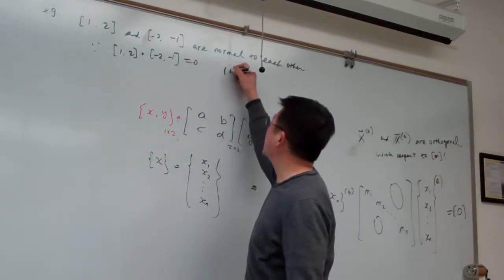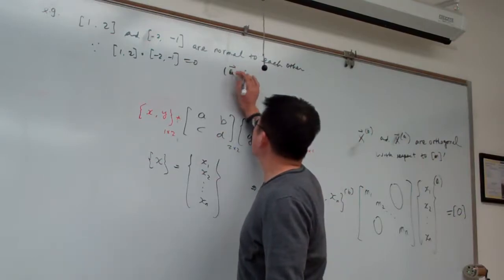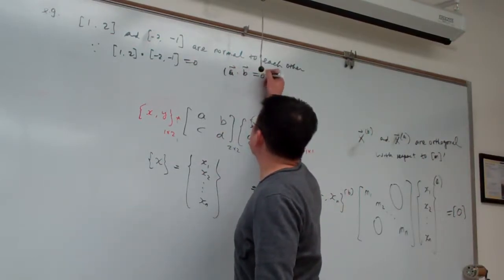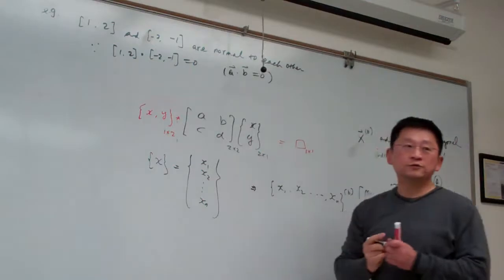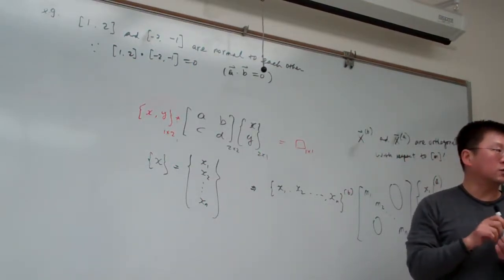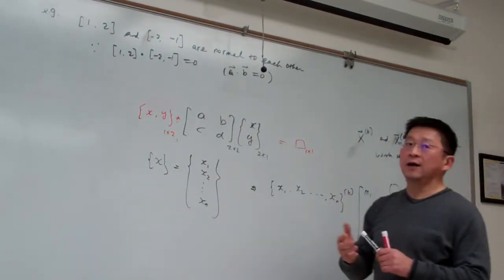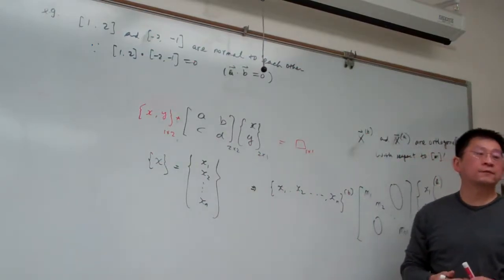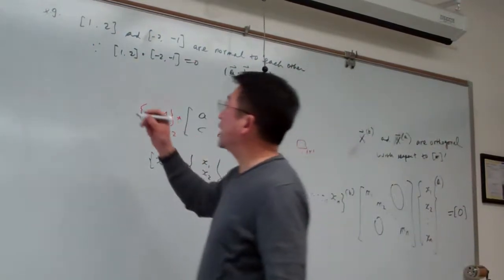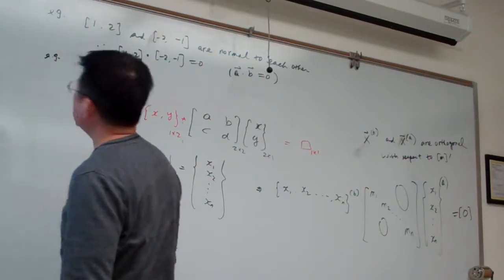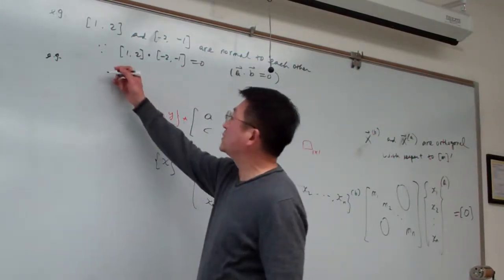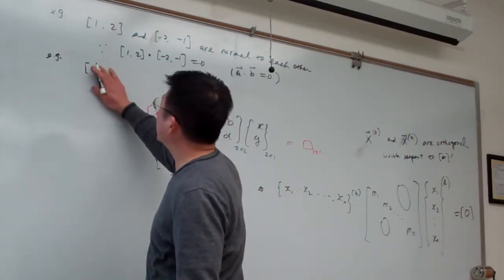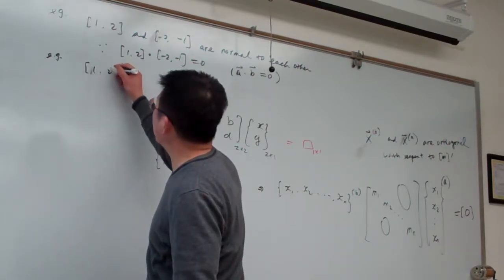If A dot B equals 0, then we know the two vectors are normal to each other, perpendicular to each other in 2 dimensions. And in the general concept, we might set, so here I don't have that one, let me make it up.